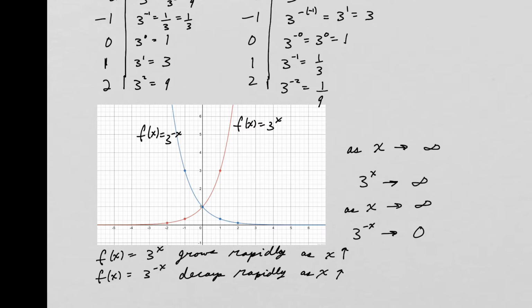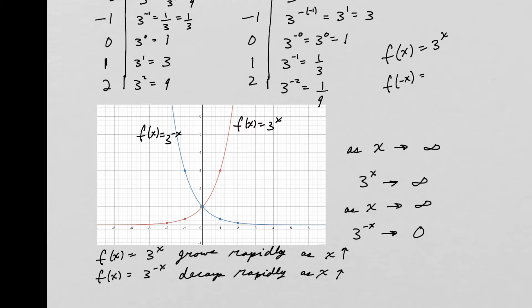Okay, there's another thing that you'll notice here, which is that these graphs are reflections of one another about the y-axis. One is just a reflection of the other about the y-axis. And that makes sense because if I had some function, let's say I'll just use the 3 to the x one, and instead of x, I make that a negative x, then that should give me the reflection.